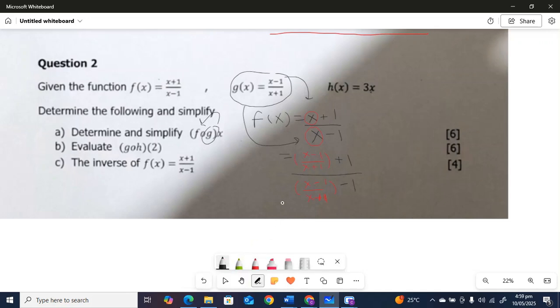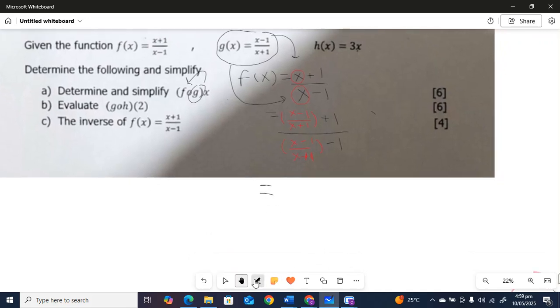So colleagues, let's start on the numerator. We solve the numerator, we also solve the denominator, right? So the numerator is going to be x minus 1 over x plus 1 plus, so this one here, you can think of it as 1 over 1.